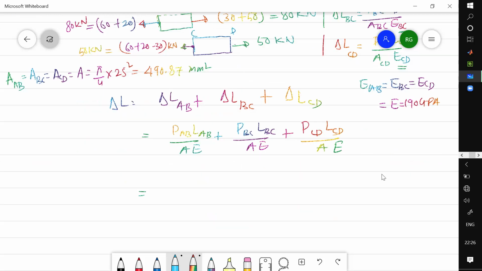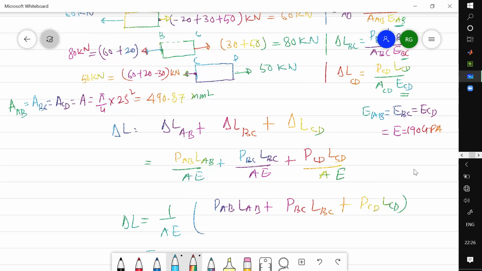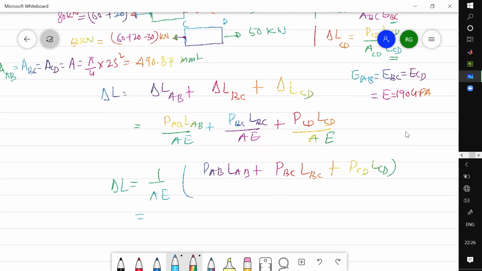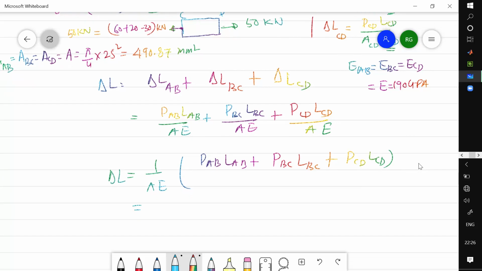From here we can take 1 by AE out, and this becomes P AB LAB plus P BC LBC plus P CD LCD. If we replace the values of force, length of each segment, area and Young's modulus, then the force in the first segment is 60 kilonewton, in the second 80 kilonewton, and in the third 50 kilonewton, and the area we have already found and Young's modulus is given to us.